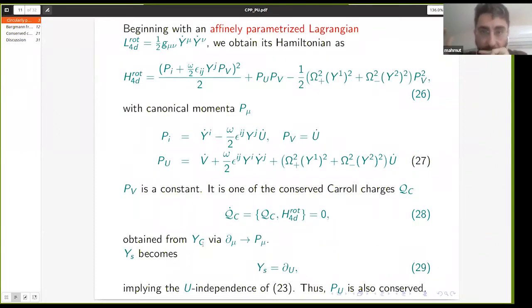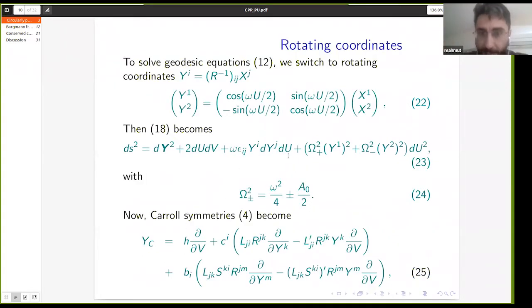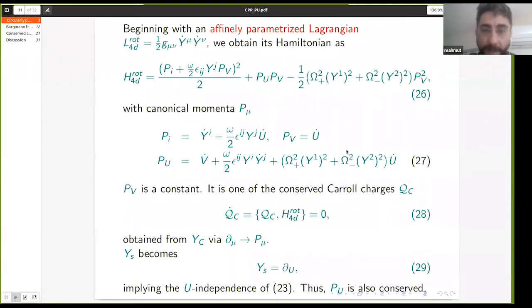Now, we see that, for instance, as this profile is actually u independent, because if you shift u, the coordinate, with a constant u plus b, where b is a constant, the line element stays the same. It is left invariant, and therefore pu is also a constant.